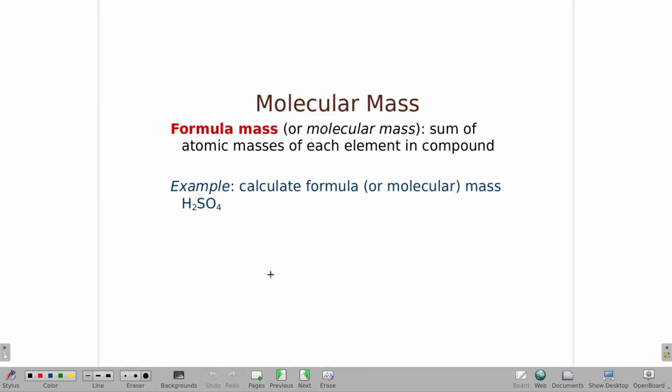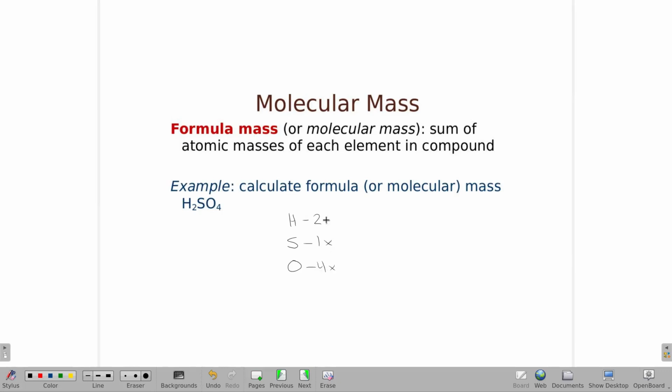If I want to calculate the formula of a molecule, or calculate its formula mass is a better way of saying that, we actually do look up our individual atoms on the periodic table and we get their atomic weights. So H2SO4 only has those 3 atoms in it. There's 2 of these, there's 1 of those, and there's 4 of these.